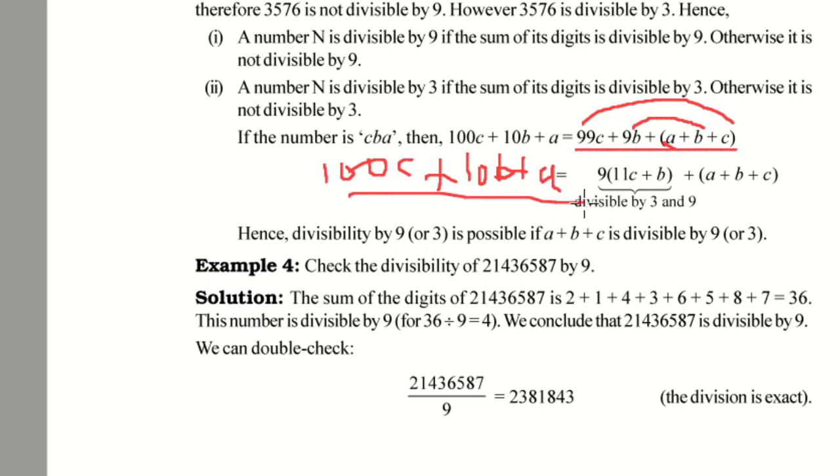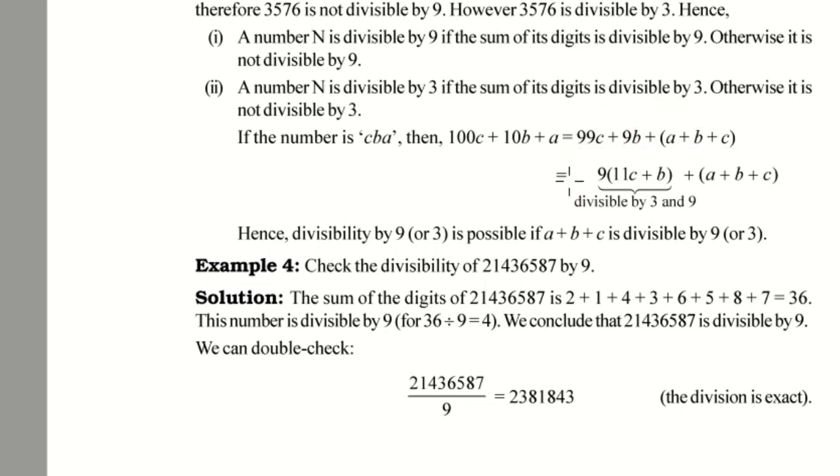This and this are equivalent. Now let us take 9 as common: 9 times (11C plus B). 9 times 11C is equal to 99C, and 9 times B is equal to 9B.